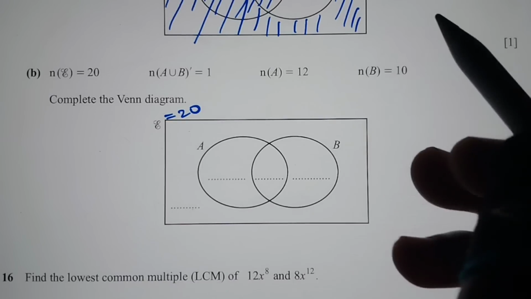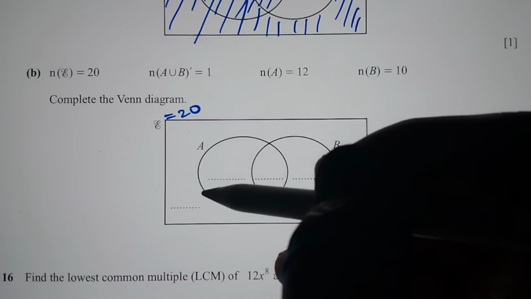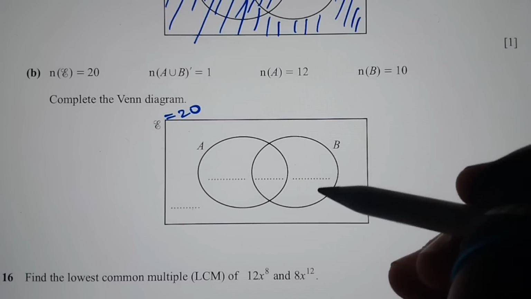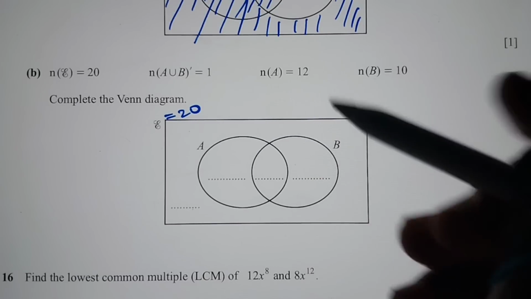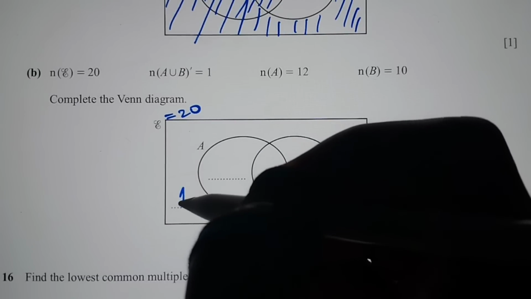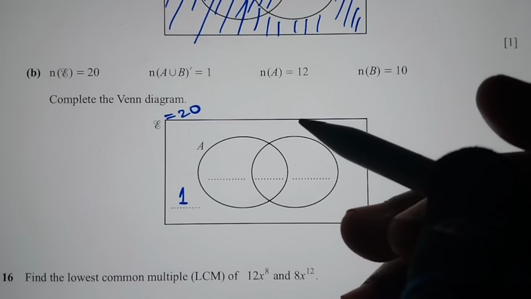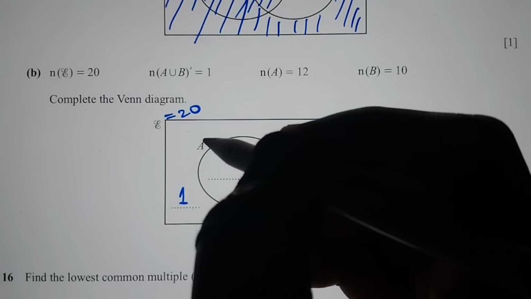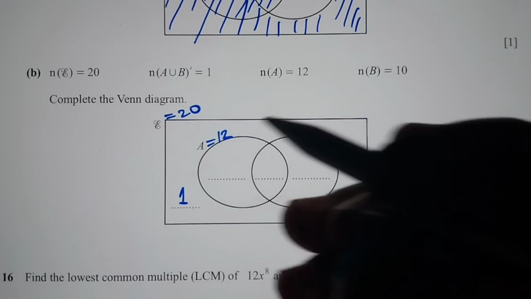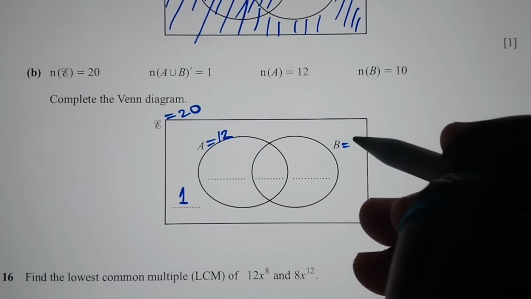A union B prime is supposed to be everything inside this union, but because of this prime, it means everything outside of that union. So our 1 is going to be here. The number of elements in A is 12. So A is 12. We are not required to put that. B is 10.